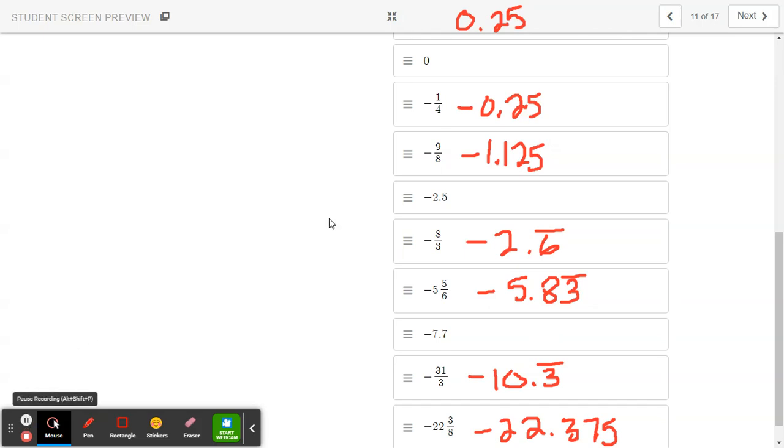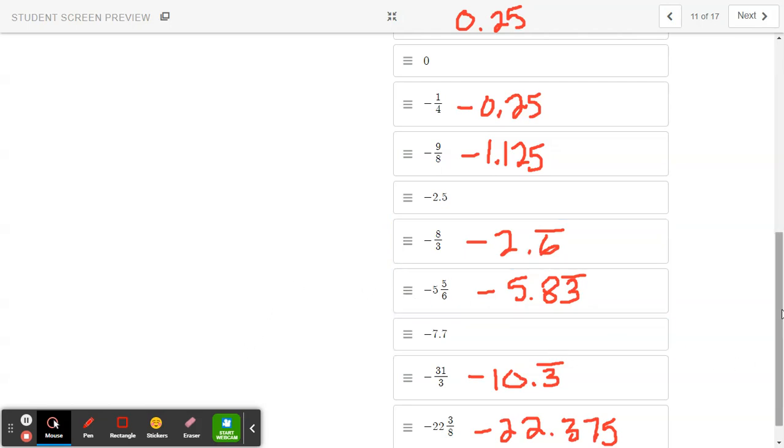So I automatically knew that negative 1.125 would come above, it's higher than negative 2.5. And then just like before on our number line, if we have a negative 2.5 here, the next number is negative 2.6 because it's almost like we're counting up, even though the numbers are getting smaller.